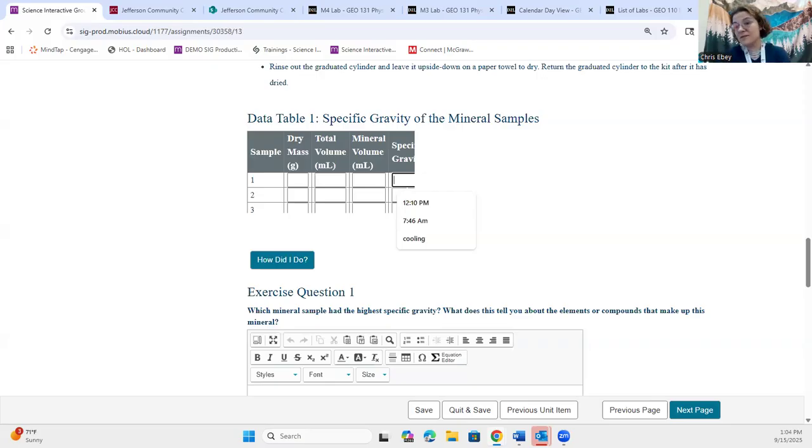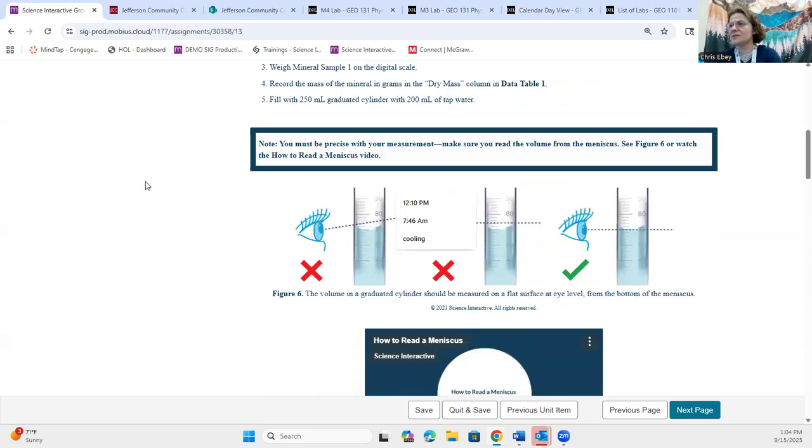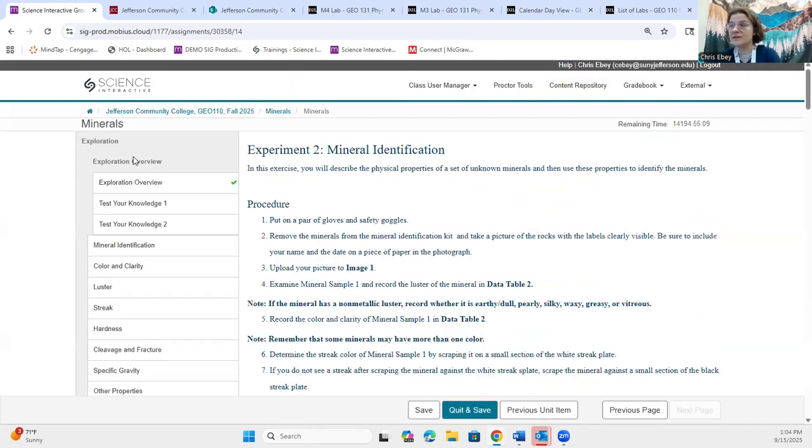They still don't have a workaround or a solution to it. So I'm going to say skip exercise 1 for density. I'm just writing that down so I remember, and go straight on to exercise 2, which is mineral identification, which is enough work.